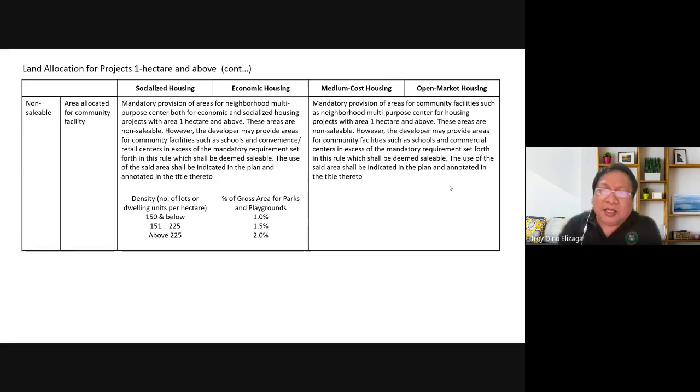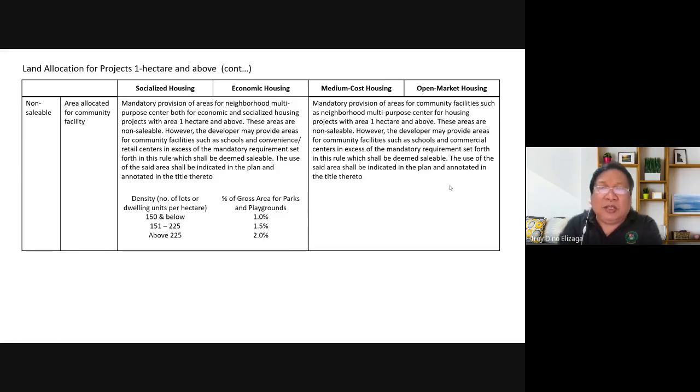The reason why I said that is because these facilities, which are supposedly common facilities, will be managed by the homeowners association. Normally a homeowners association does not have an office if it's a very simple subdivision, maybe medium cost or economic.